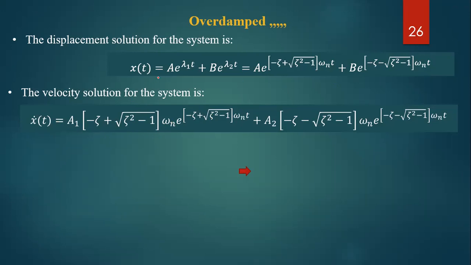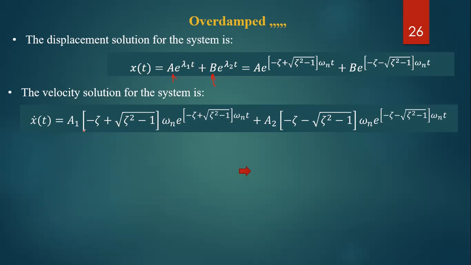So x of t equals a e to the lambda 1 t plus b e to the lambda 2 t. This a and b are constants to be found from the displacement and velocity initial conditions. So let me use, instead of a and b, simply A1 and A2 here.